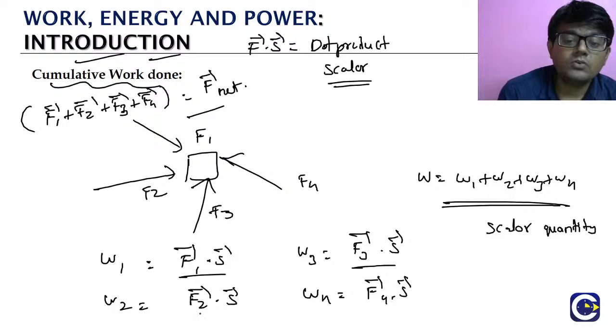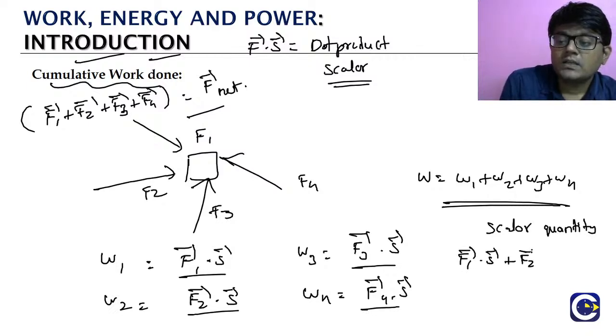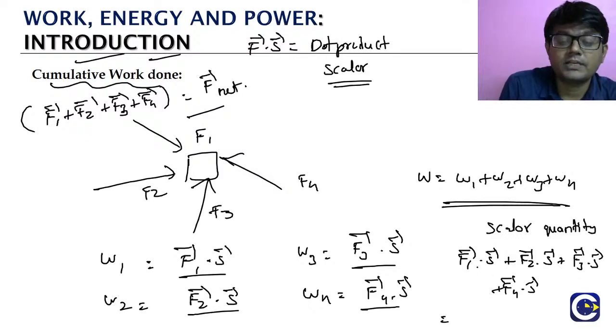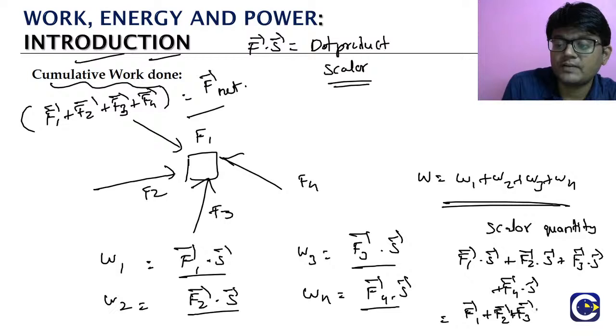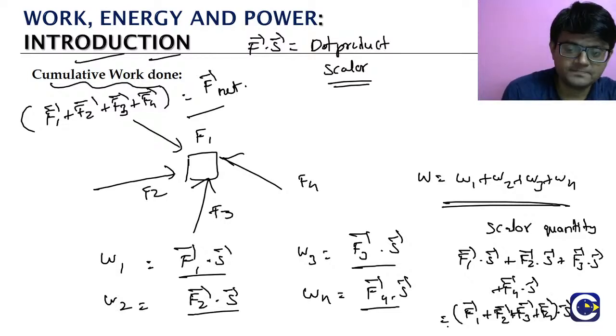To find the total work done, we simply add all the work values: F1 dot S plus F2 dot S plus F3 dot S plus F4 dot S. The dot product obeys the distributive law, so we can take the dot S common and write it as F1 plus F2 plus F3 plus F4, whole dot S.